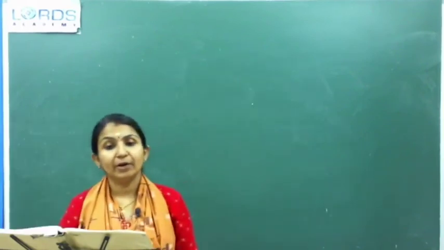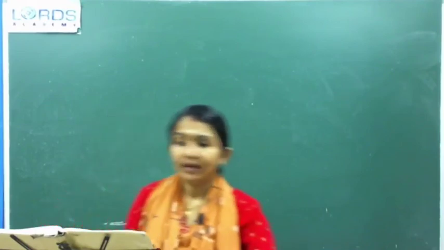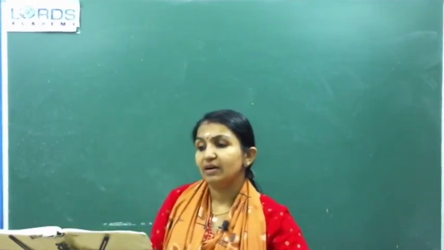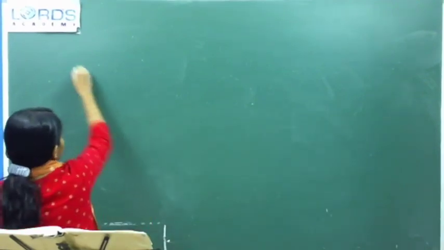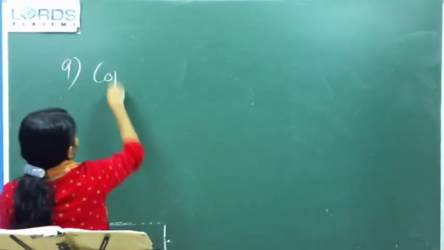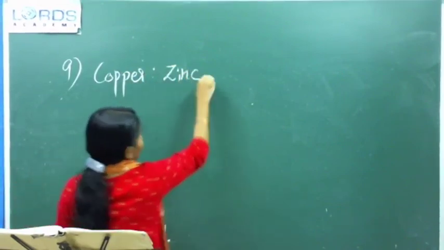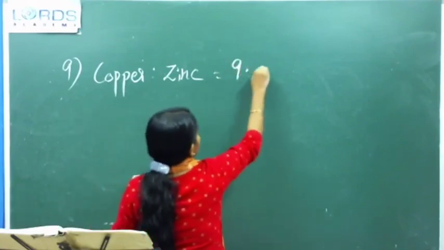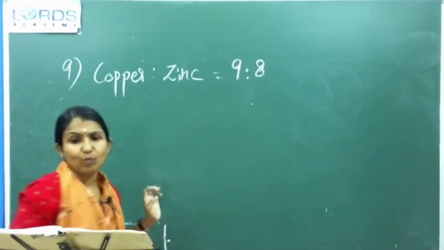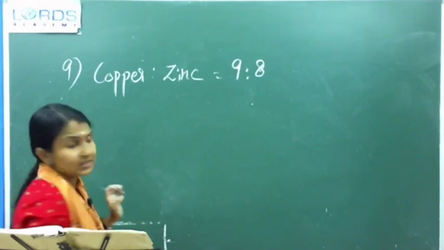Now question number 9. Ratio of copper and zinc in an alloy is 9:8. So copper is to zinc is given that 9:8. And what is given? Zinc is given 9.6 kilogram.